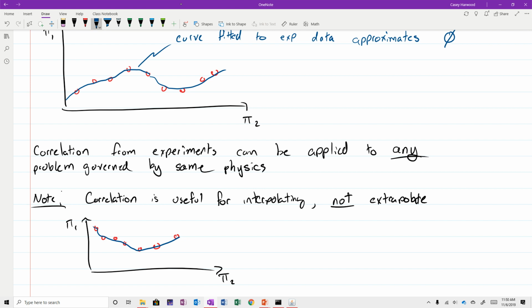But if we were to extrapolate this curve, we can have no confidence in the values of this curve out here because it's not actually supported by any data. If, for example, we then went back into the lab, we may find that our actual experiments lie along this. So the idea is only trust fitted curves within the bounds of actual experimental values.